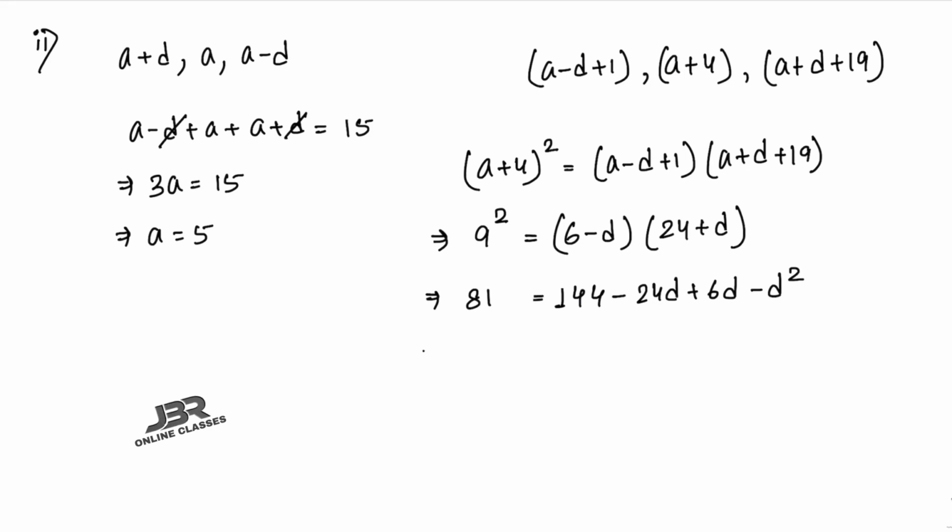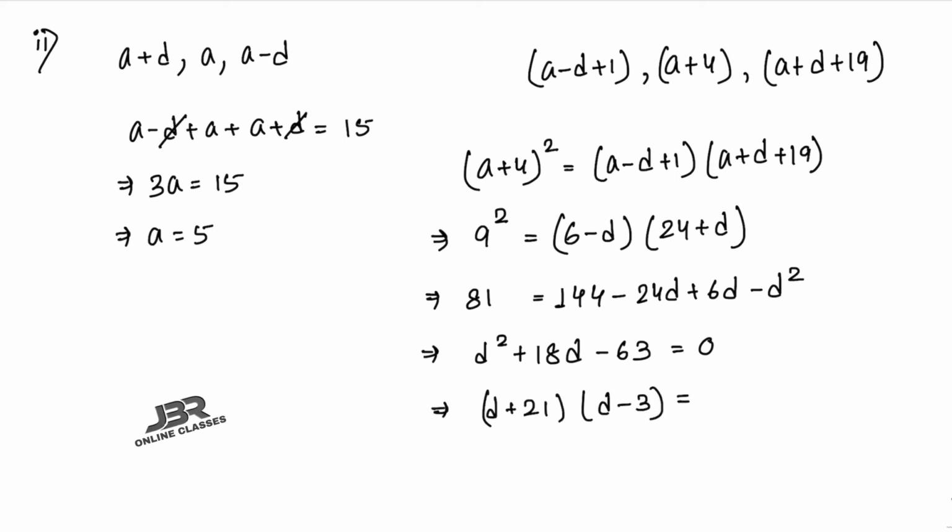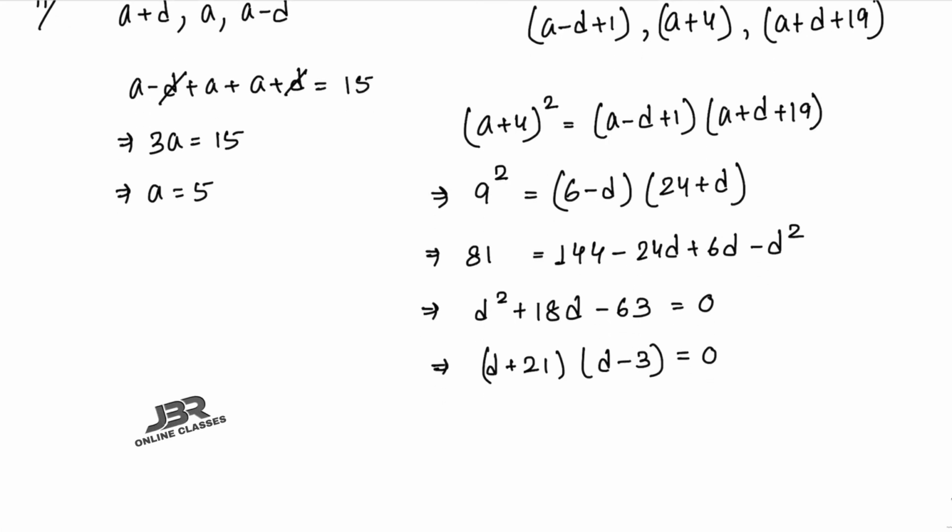Okay, so finally you have d square plus here 10d. Okay, sorry, it's not 10d, as here 24 minus 6, 18. So 18d, then here 63 minus, that one equal to 0. So here the solution, d plus 21, here d minus 3, that one equal to 0.